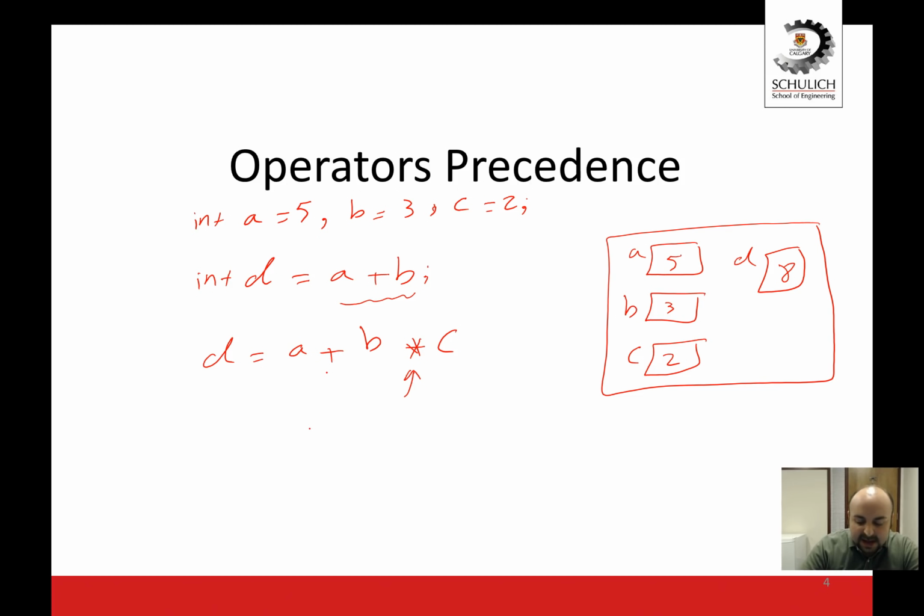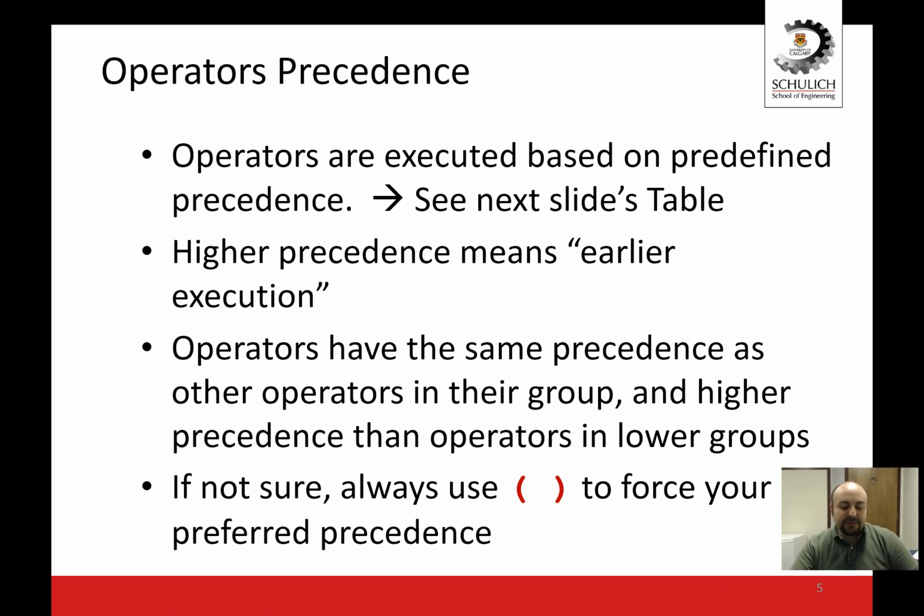Before we solve this, let's have a look at the next slide. So operators are executed based on predefined precedence. And I'll show you the precedence table. High precedence means that they are going to be executed earlier.